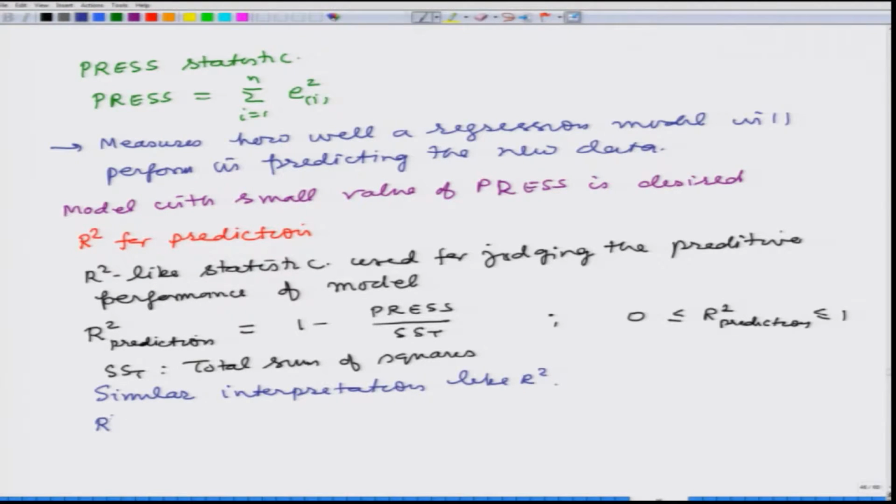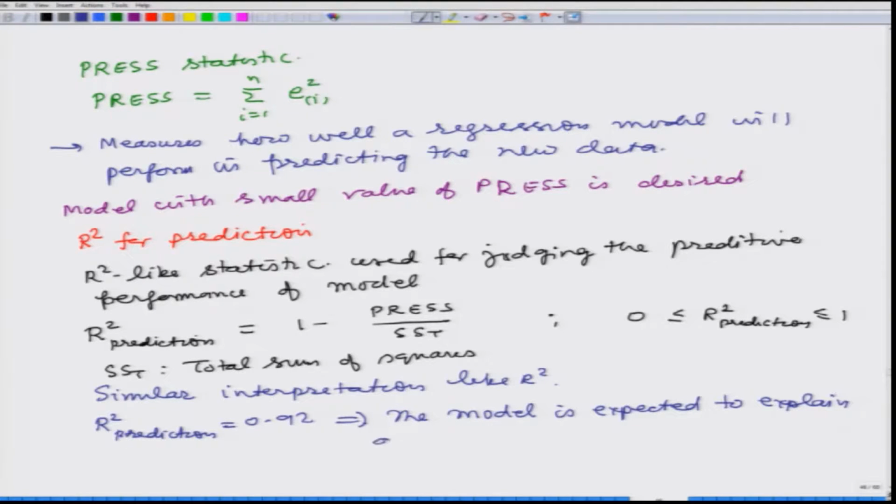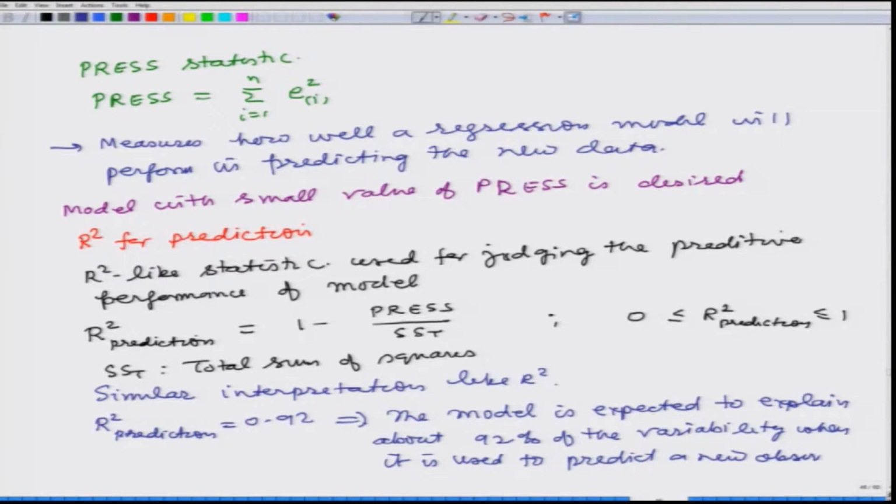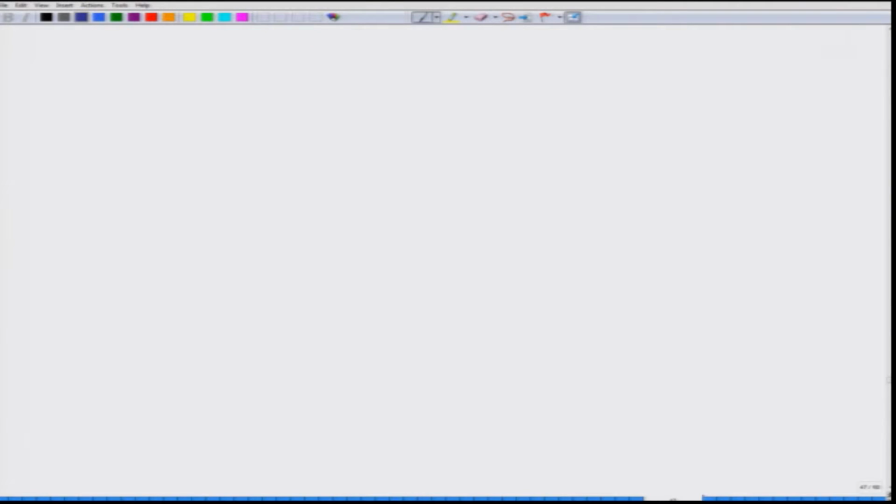Now, if we say that R square prediction is equal to 0.92, then this value indicates that the model is expected to explain about 92% of the variability when it is used to predict a new observation.